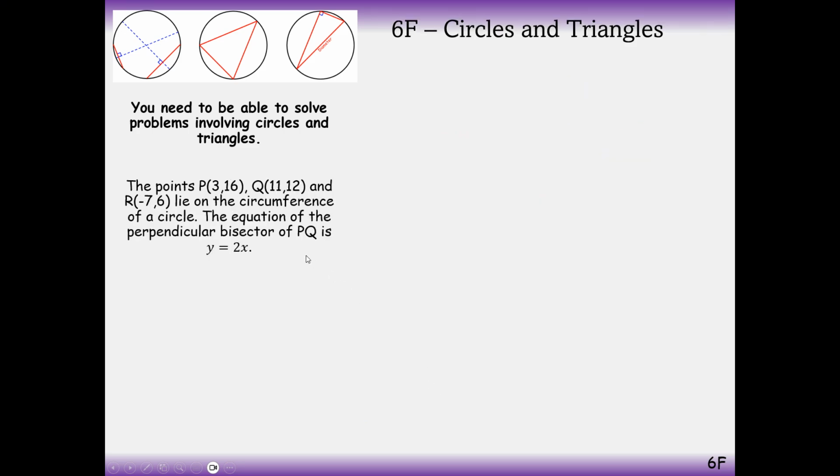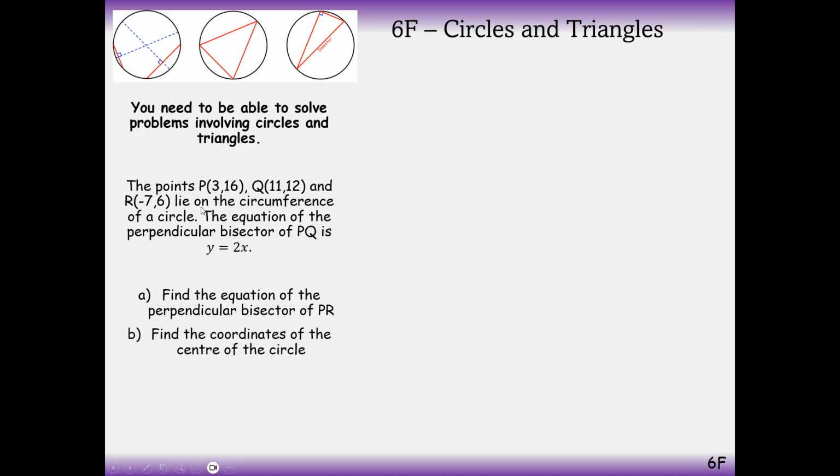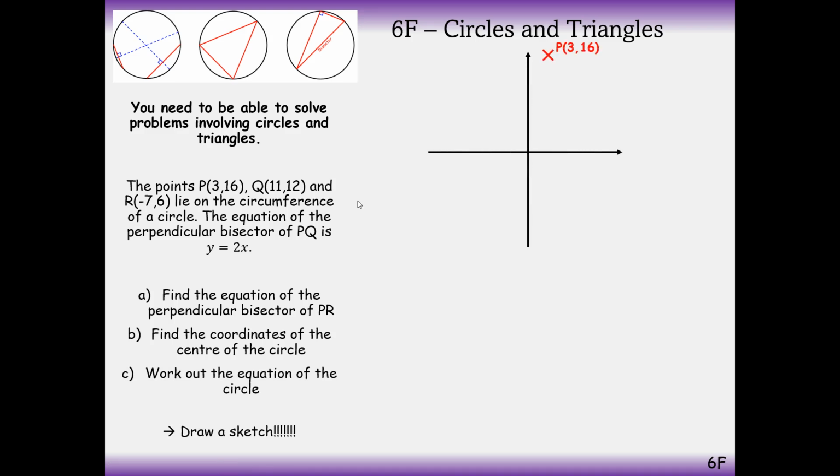The next example is saying the coordinates P, Q, and R lie on the circumference of a circle. The equation of the perpendicular bisector of PQ is y equals 2x. Find the equation of the perpendicular bisector of PR. Okay, so PQ and PR. Because it's on the circumference, let's just sketch the circle.